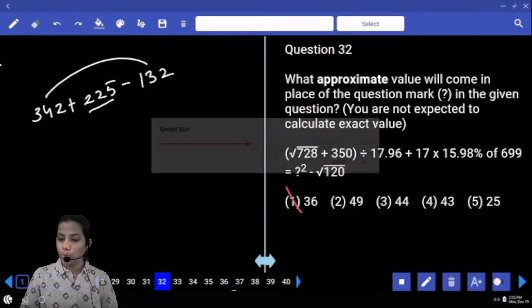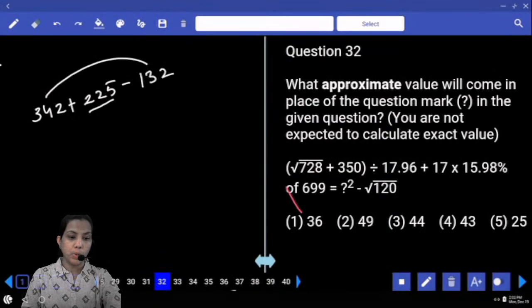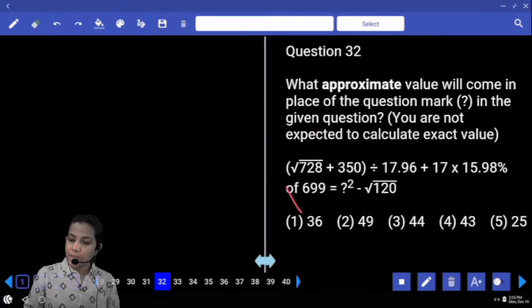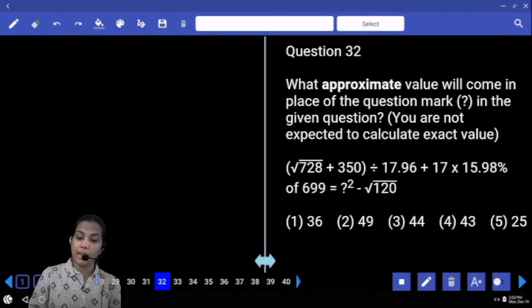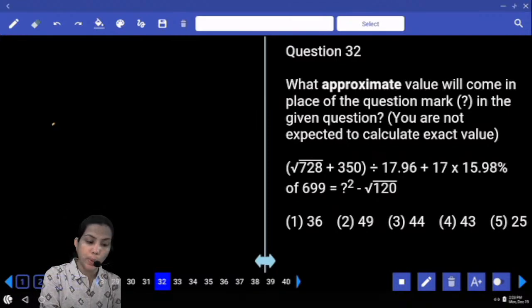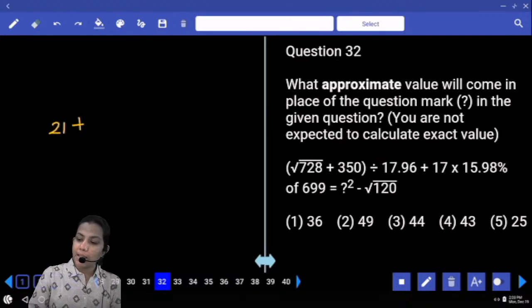Next, question number 32. Square root of 729 value is 27. 27 plus 350 is 377, divided by 18. 18 twos are 360, but since it is 377, it is 21 plus 17, into 16% of 700. 16%, the percentage and 2 zeros cancel, it is actually 7.